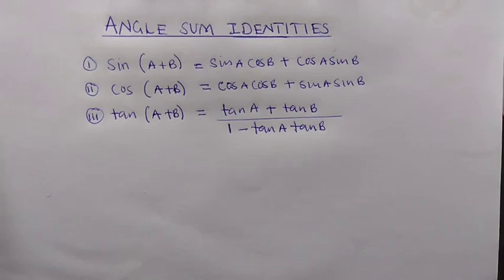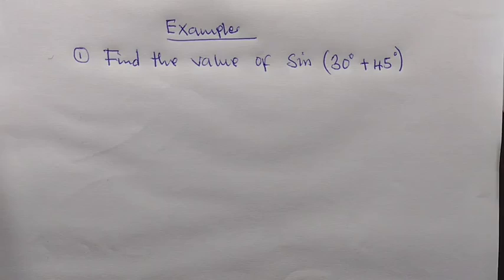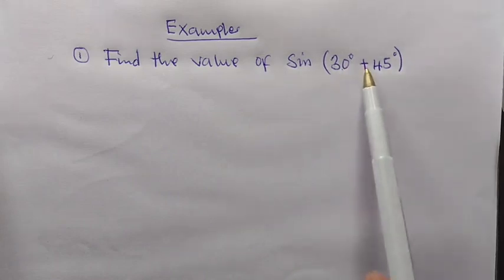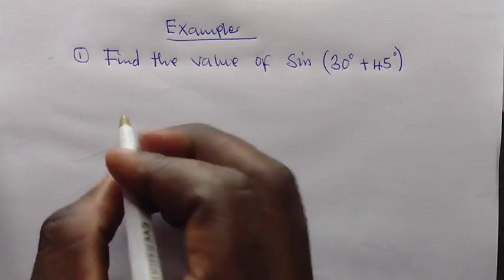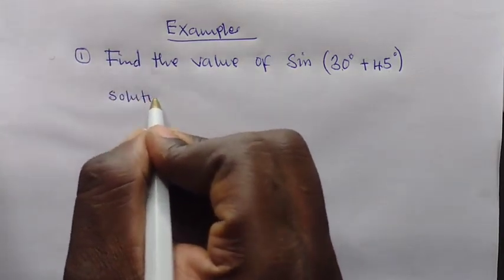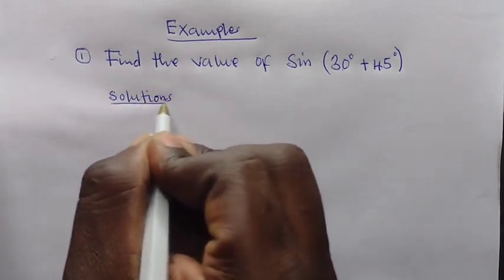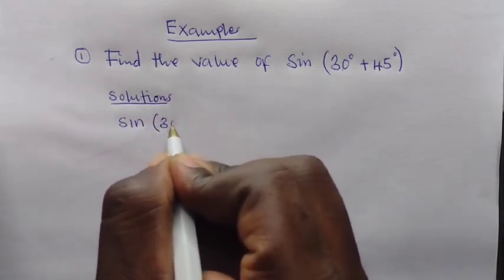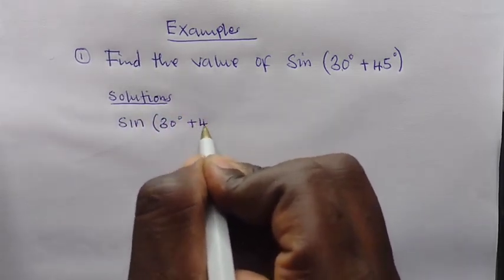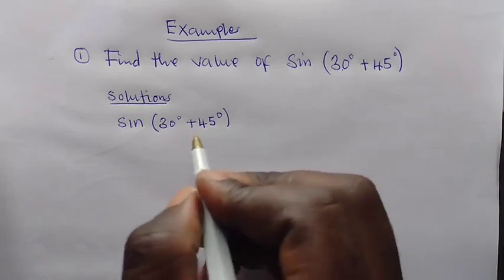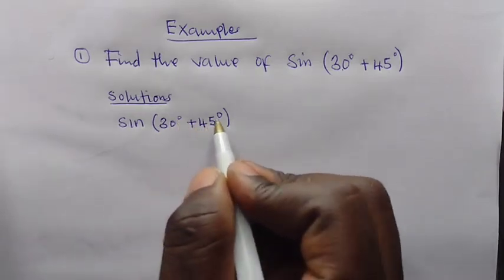Let us now look at the examples. This is our first example. The question reads, find the value of sine, in brackets, 30 degrees plus 45 degrees. Solution: we have been given sine of 30 degrees plus 45 degrees.